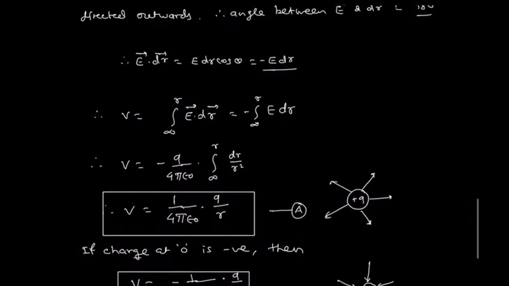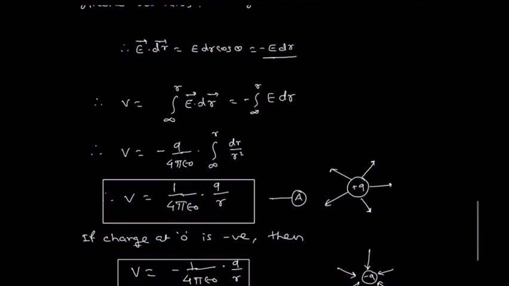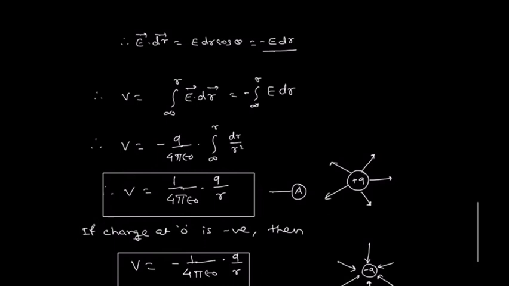Since at the negative charge we know that electric field is directed towards the charge. Direction is different and therefore the electric potential at a point due to the negative charge must be V equal to minus 1 divided by 4 pi epsilon 0 into Q divided by r.